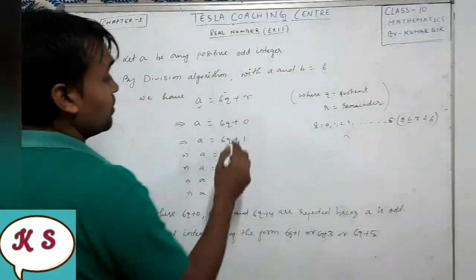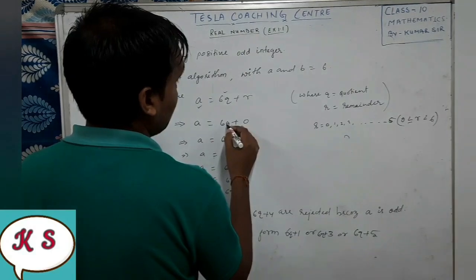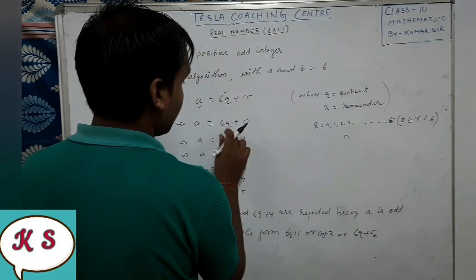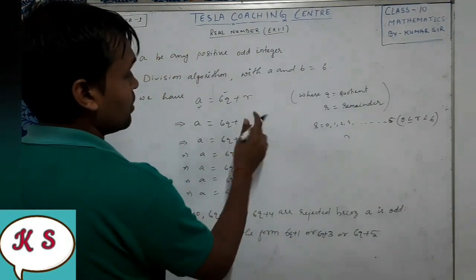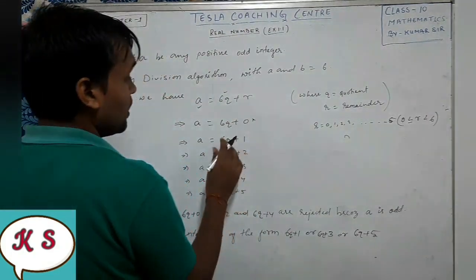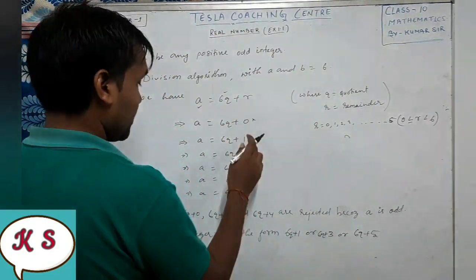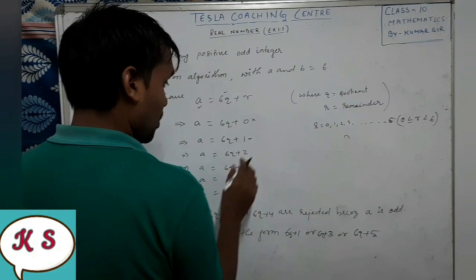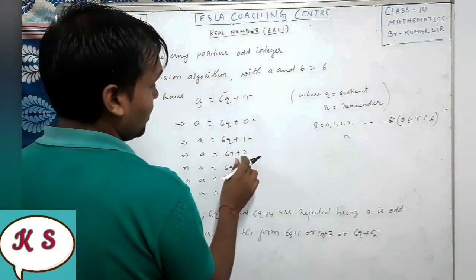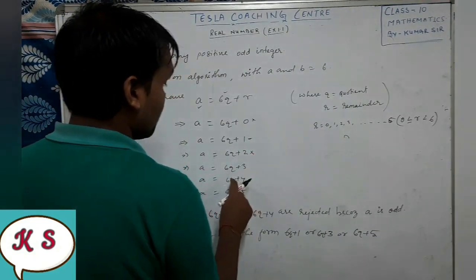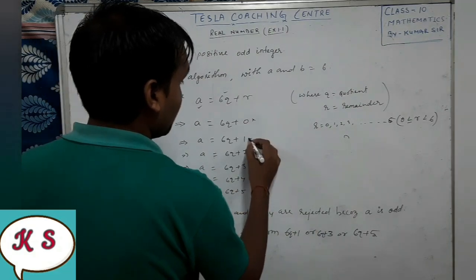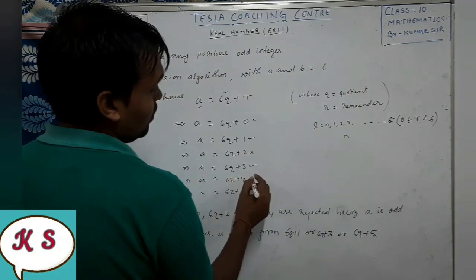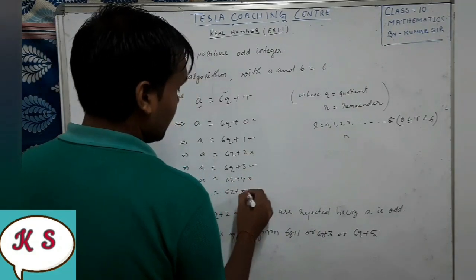Now tell me, 6q plus 0, that is 6q, is even or not? So this one we are going to reject. Then 6q plus 1 is odd. 6q plus 2 is even. 6q plus 3 is odd, and 6q plus 4 is again even, and 6q plus 5 is odd.